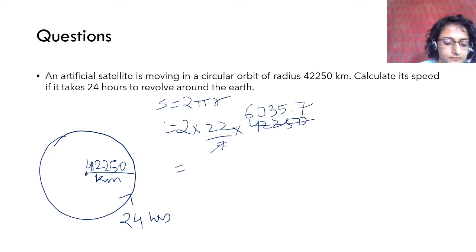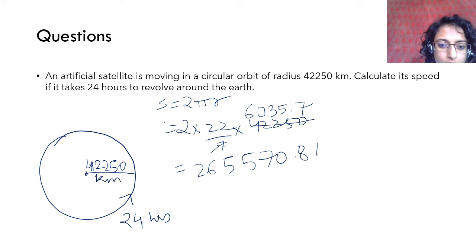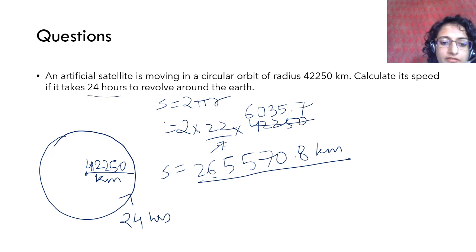This is coming to be 265,570.8 kilometer. Okay, this is the distance. You cannot use a calculator in the exam. Now we know the distance, we have s, and we have time, 24 hours.